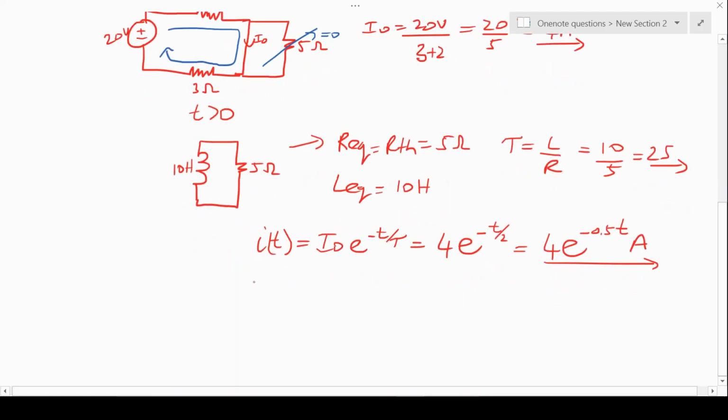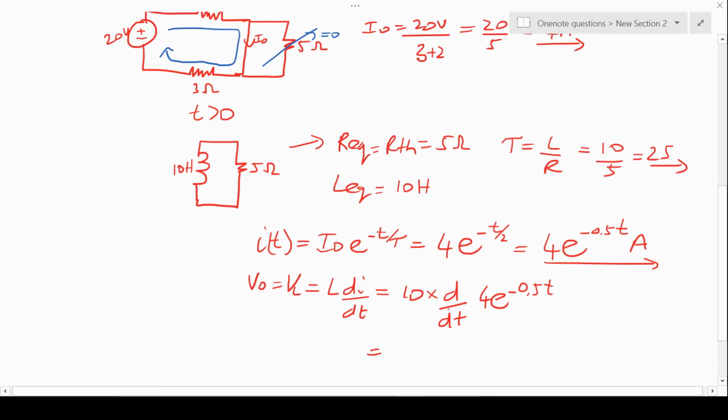And then the last part is to determine V0, which is the same as VL, which is L di/dt. That is given by the inductance, which is 10 henries, multiplied by the derivative with respect to time of 4 e to the negative 0.5 t.